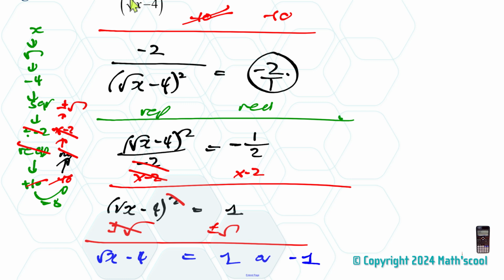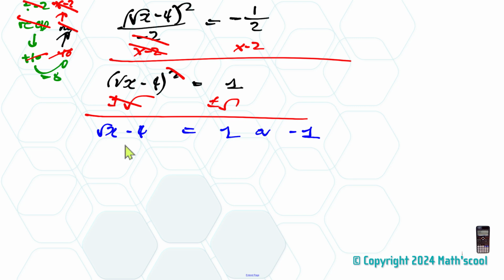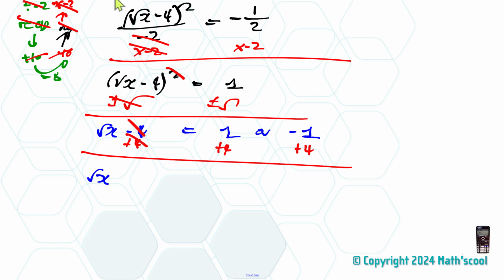Still need to carry on. Still going to have to add 4. I'm going to add 4 to this and add 4 to this. So that's going to give me root x, they're going to cancel out, equals 1 plus 4 is 5 and minus 1 plus 4 is 3.